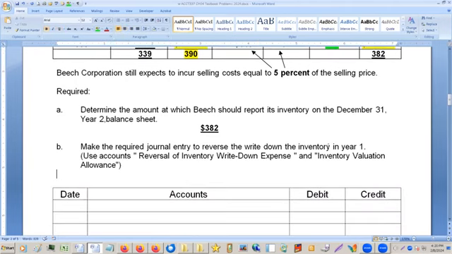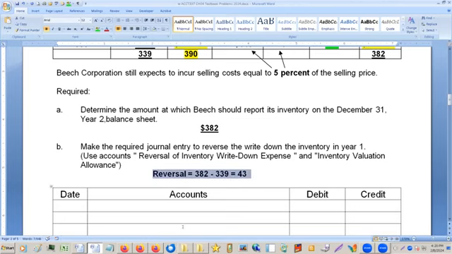So the reversal will be 382 minus 339. We have to reverse out whatever that is. 43. So this will be our reversal.